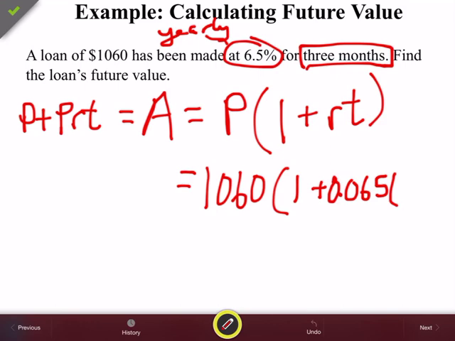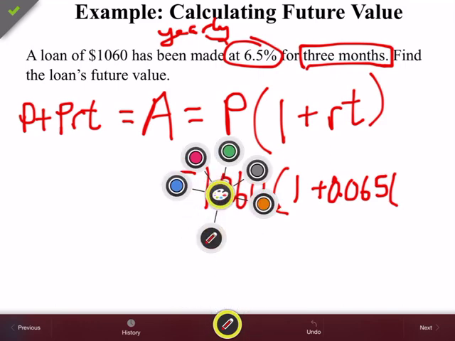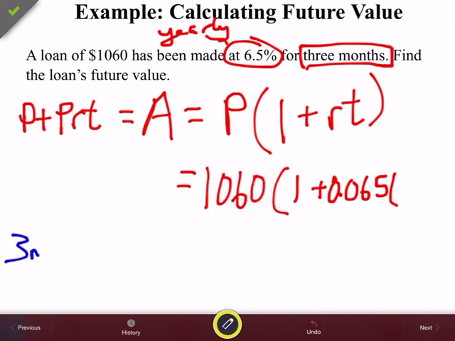So we need the years to match the months. So I'm going to change 3 months into years. 3 months is out of 12 full months of a year.